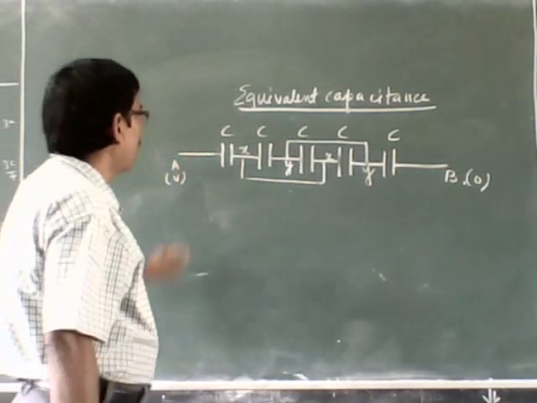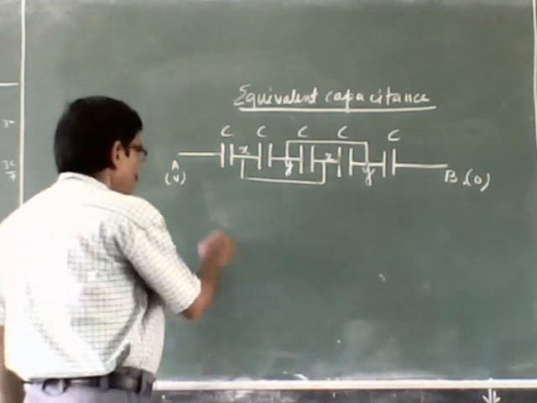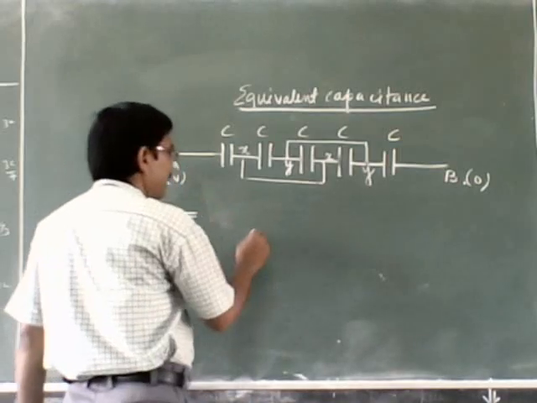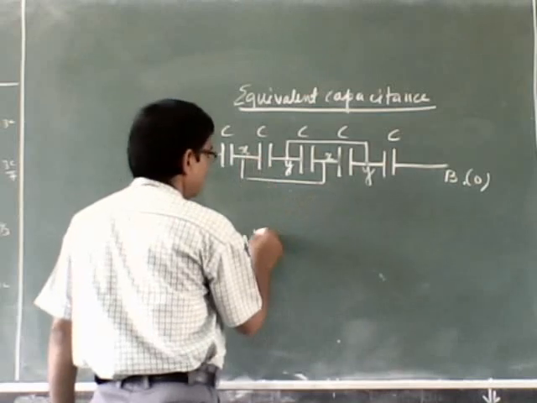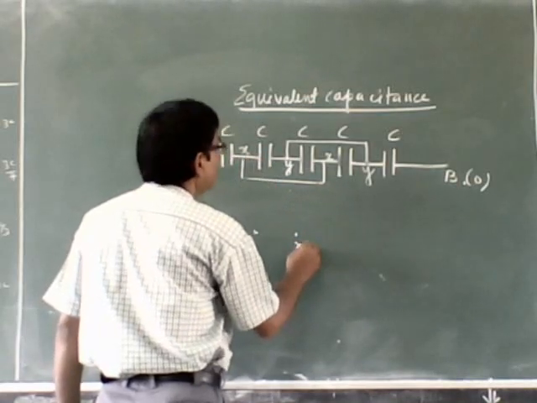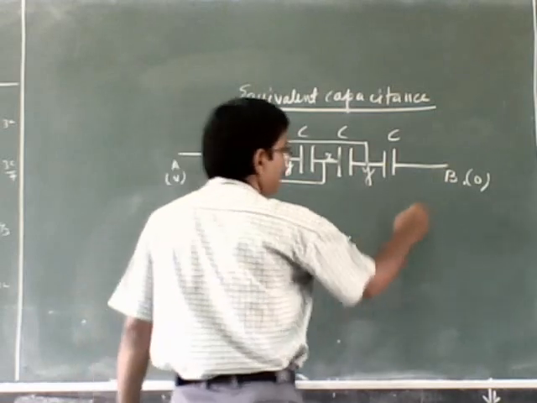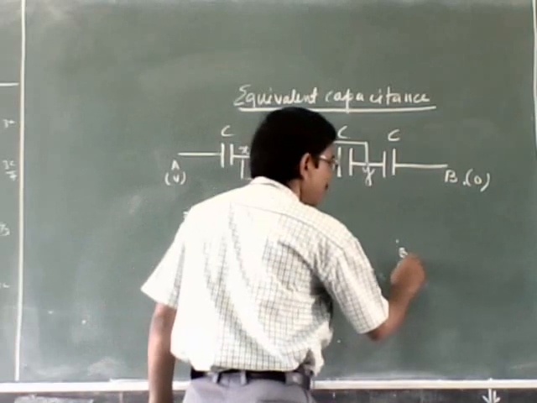Okay, so now how to draw the equivalent circuit. What will be the equivalent circuit of this circuit diagram? This is point A, this is X potential, this is Y potential, and this is point B, 0 potential.